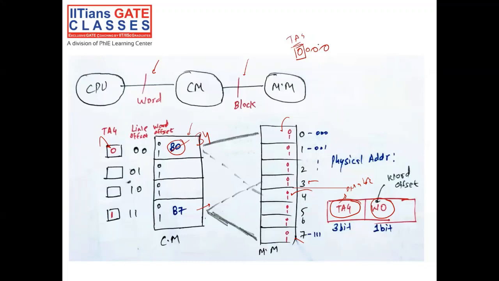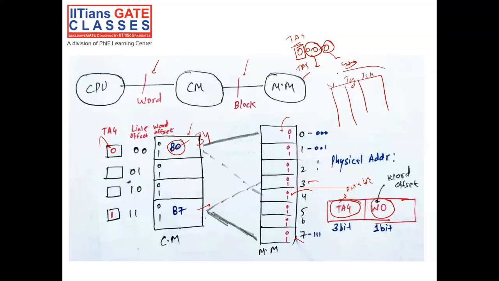In the cache memory, these 2 bits are used to enable the line in the cache memory. The last bit is used for word offset. The remaining is the tag bit, which we discussed earlier, right? So during replacement, we add into our cache memory, and this tag bit is a part of the cache memory. We already saw valid bit, tag bits, and data.